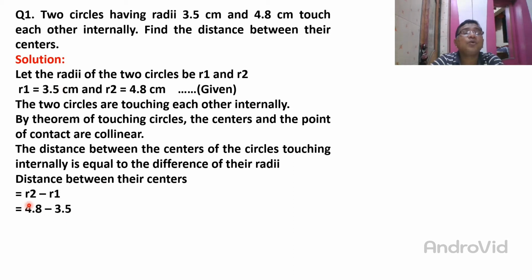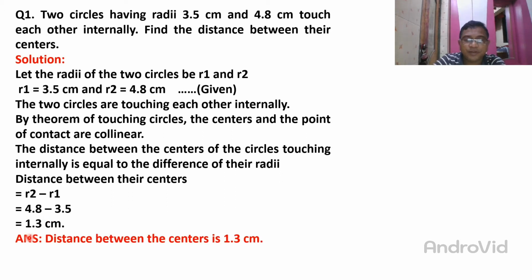So 8 minus 5, there remains 3. 4 minus 3, there remains 1. So 1.3 centimeter is the distance between the two centers. The answer is written here: distance between the centers is 1.3 centimeter.